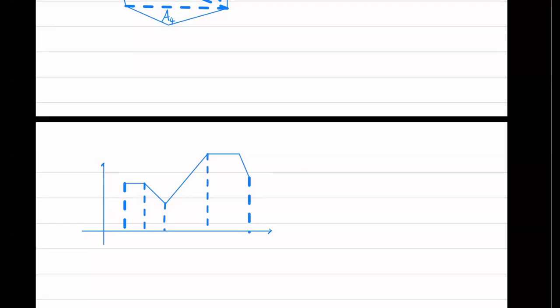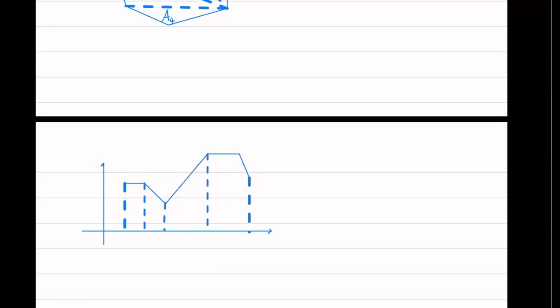Now each part is much easier to find. We find this area, add them together, and we get the area, because on top they are straight lines.